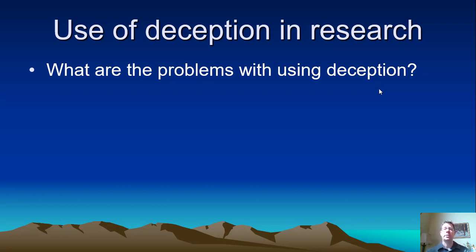But that's the one end, that if you use deception, no one can be truly informed about what the research involves. Some have argued that in the informed consent form, we should just say things like, you might be deceived in the study. I don't necessarily like that, especially if my research doesn't involve deception.